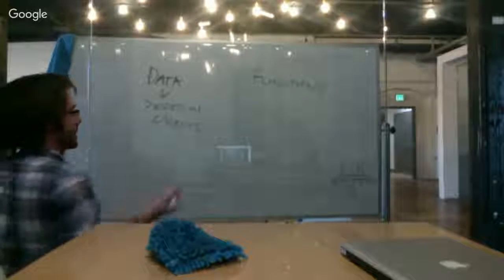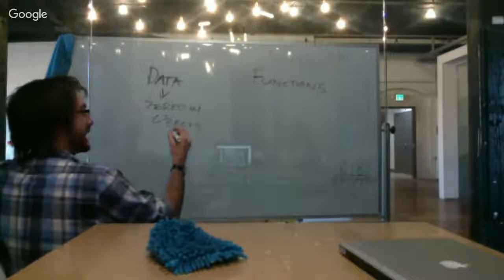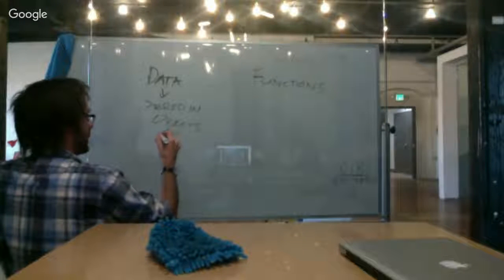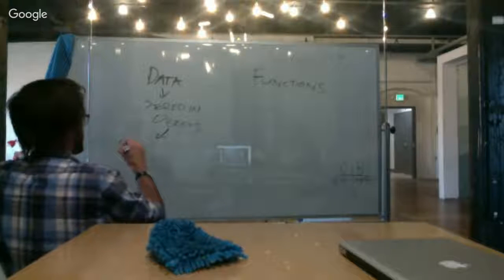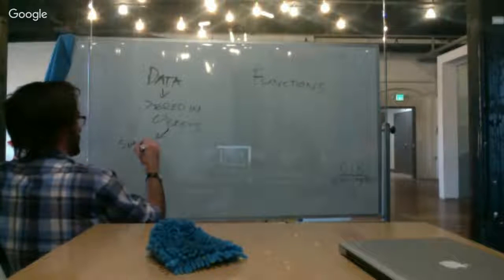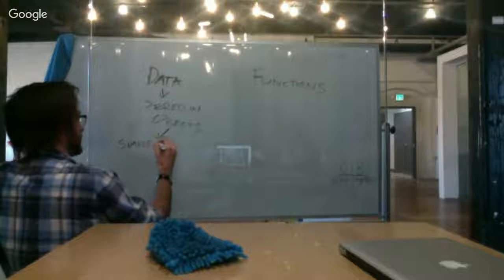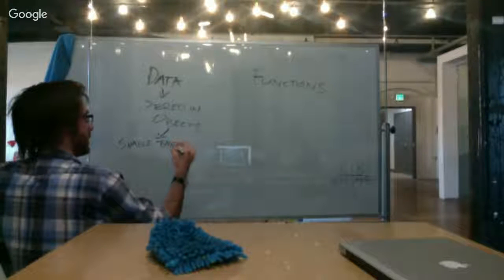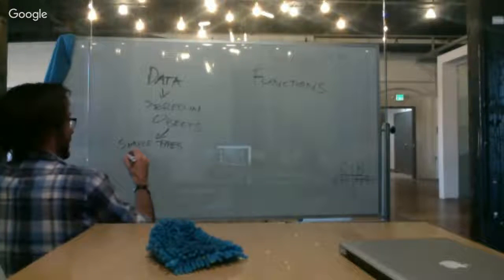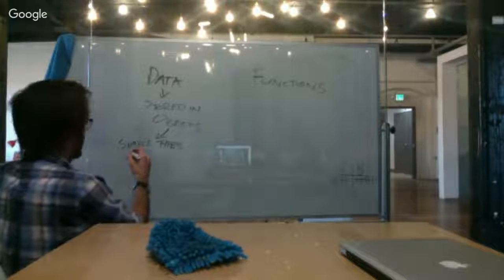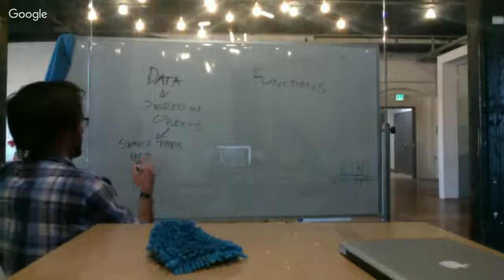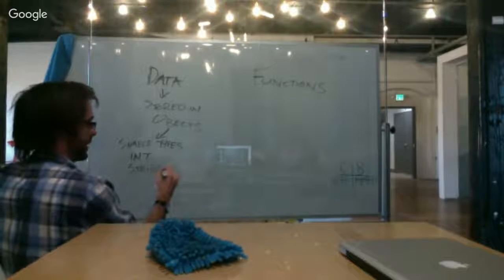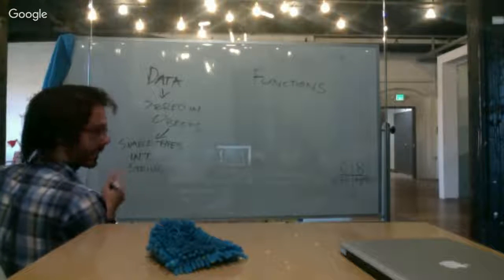Objects have types. You go simple types. Our basic built-in types like integers, string, which is actually kind of a cheat, because string is usually a complex data type.